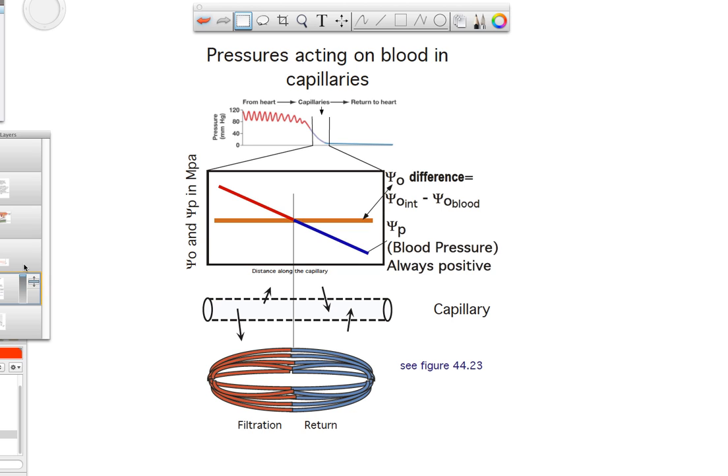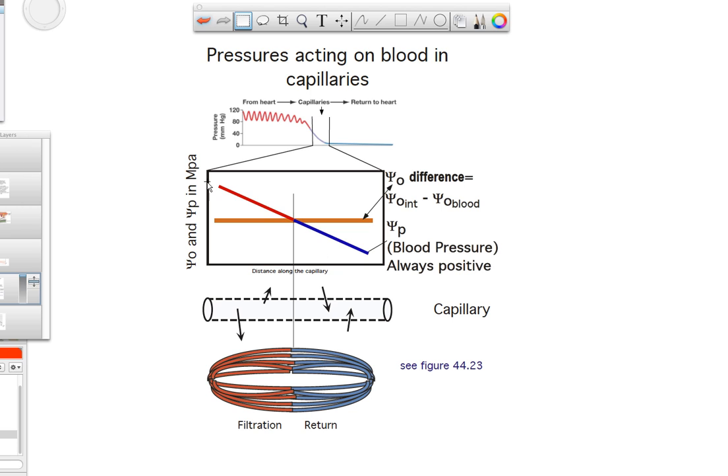Placing that graph in the context of the whole circulatory system, recognize that the arteries are not allowing transfer of materials. The arterioles are not allowing transfer of materials. It's only in the capillaries that materials enter and exit the bloodstream. And so this pressure part of the curve is a subset of the entire distance from the heart pressure curve.